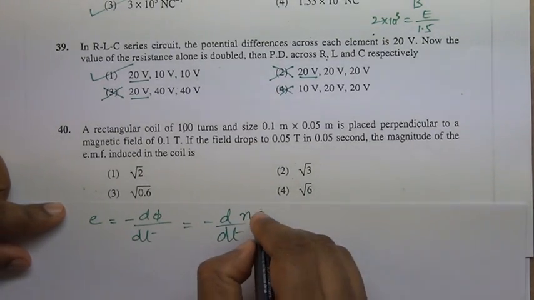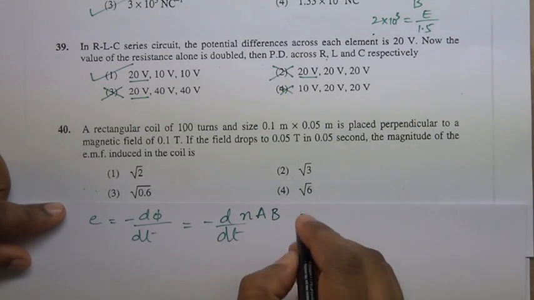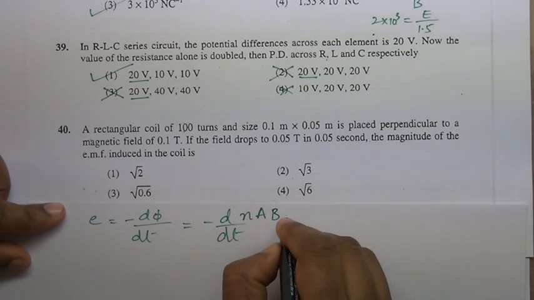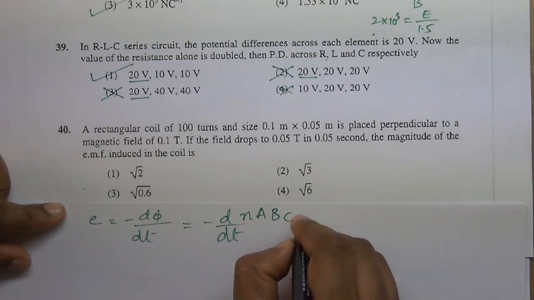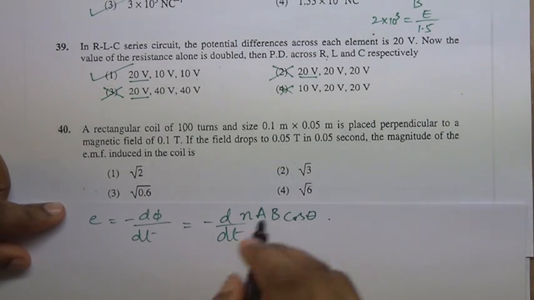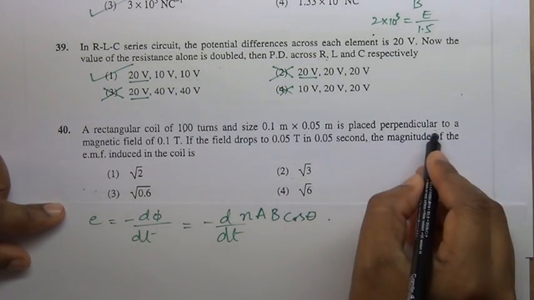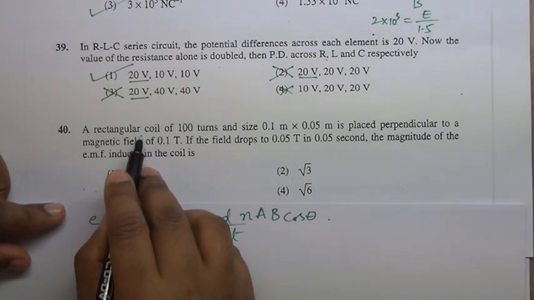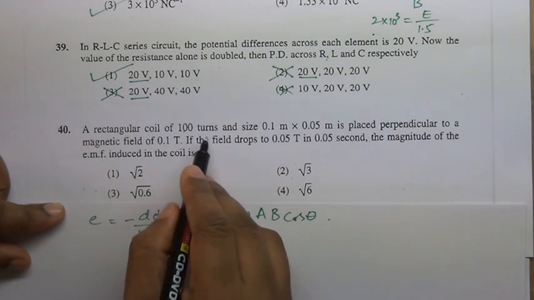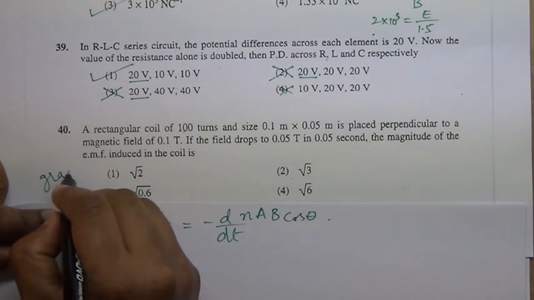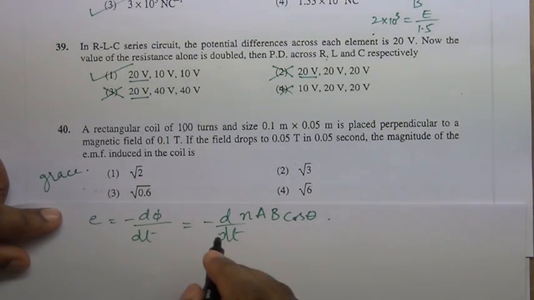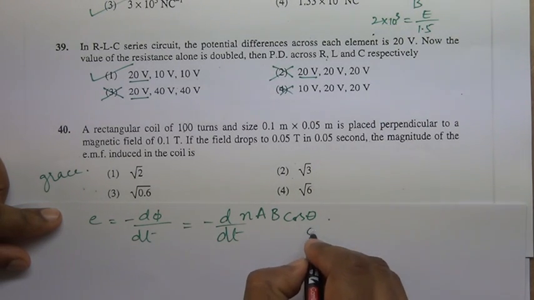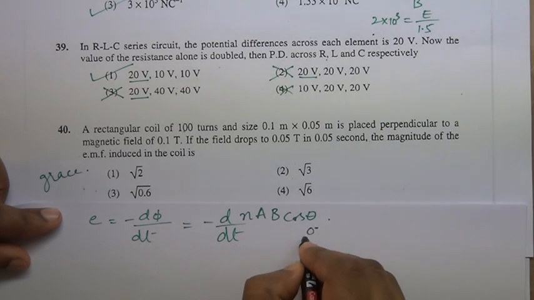Flux is number of turns, area, magnetic field, N B A cos theta. Placed perpendicular to a magnetic field, is it the plane of the coil or the area vector? It is not clear. Therefore, grace. Let us think that theta is 0 degree. If theta is 0 degree, cos 0 is 1.